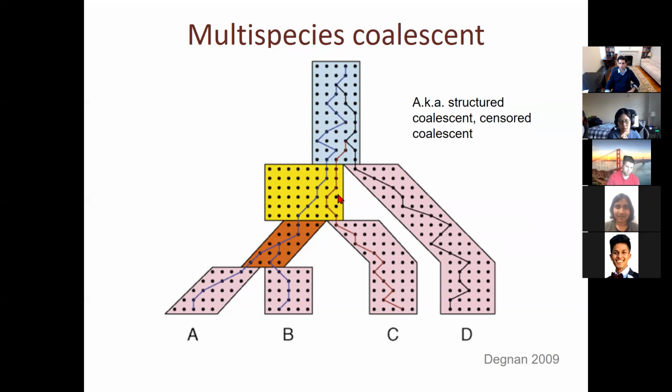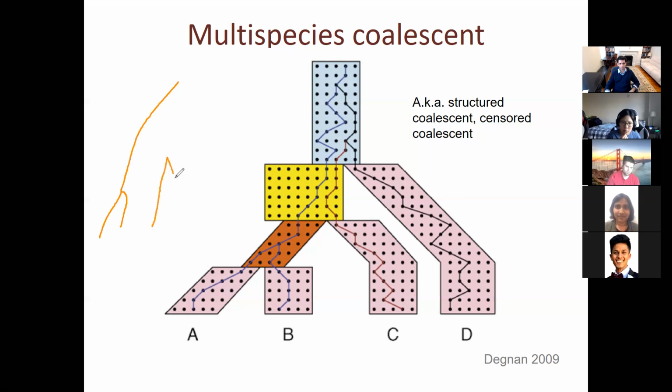And basically, when I build my gene tree with examples from species A, species B, species C, and species D, I end up with individual genes from A, B, C, and D coalescing in a tree topology that is incongruent with the species topology.